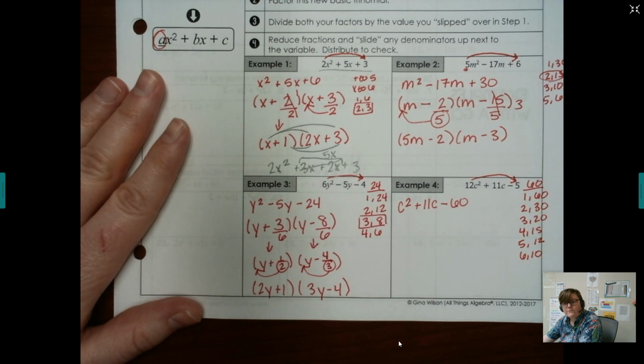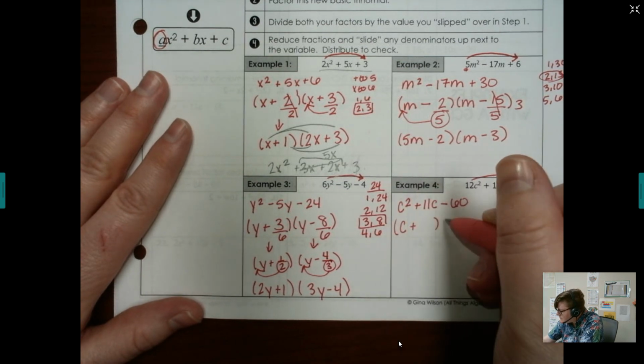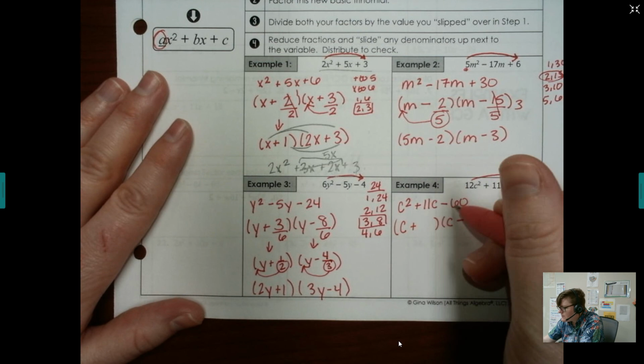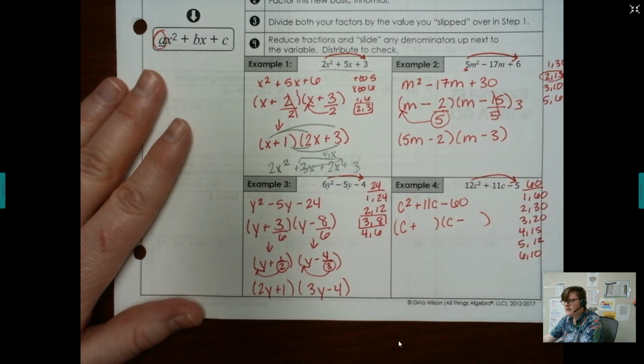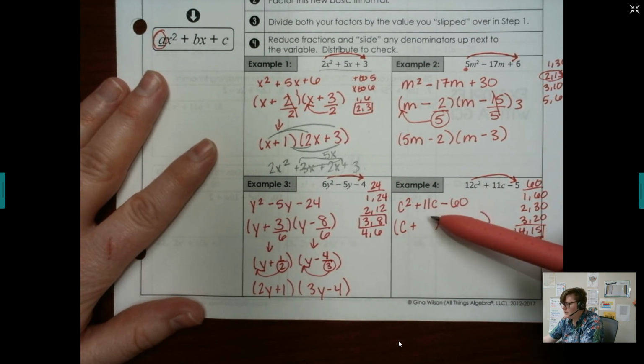And again, since it's going to be a plus minus, c plus, c minus. Anytime we got a minus there, it's a plus minus. So we're looking for a difference of 11 between our two numbers. These are 59 apart, 28 apart, 17 apart. These ones are 11 apart. Okay, and our middle term is positive, so the big number goes with the plus.